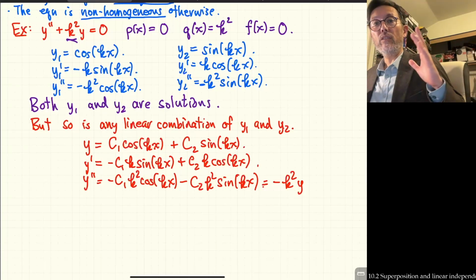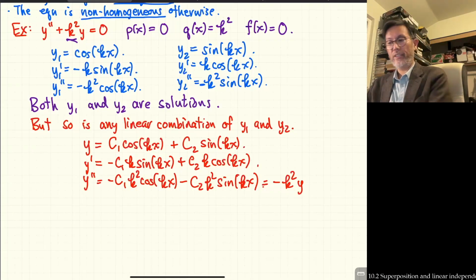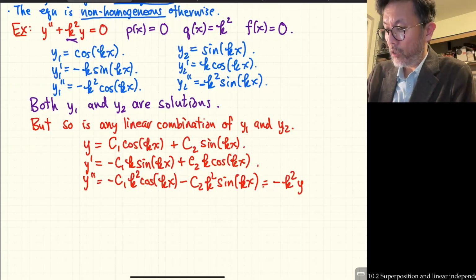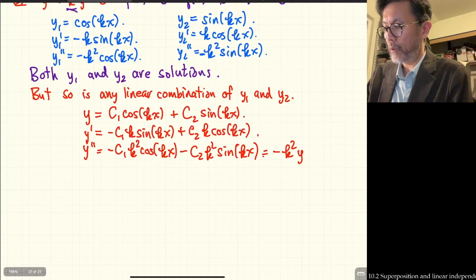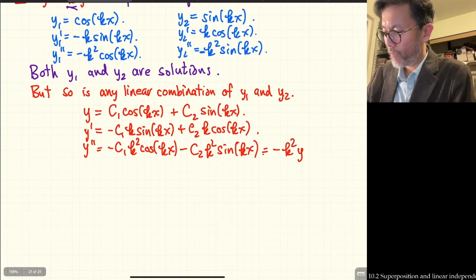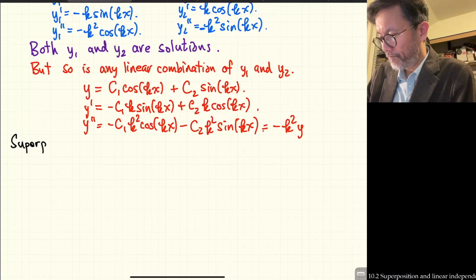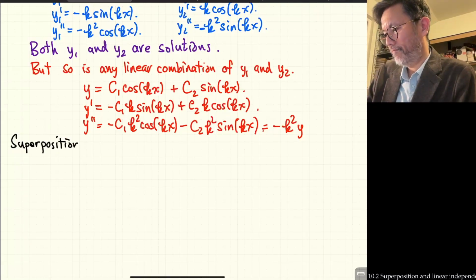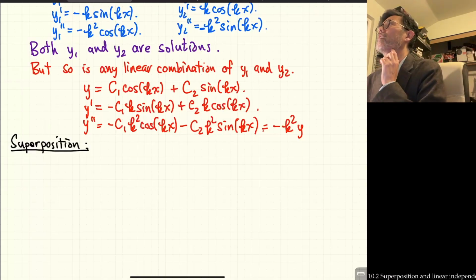This is true in general for second order linear differential equations. And this fact goes by a certain name. It's called the superposition principle. So that's what I want to talk about here.